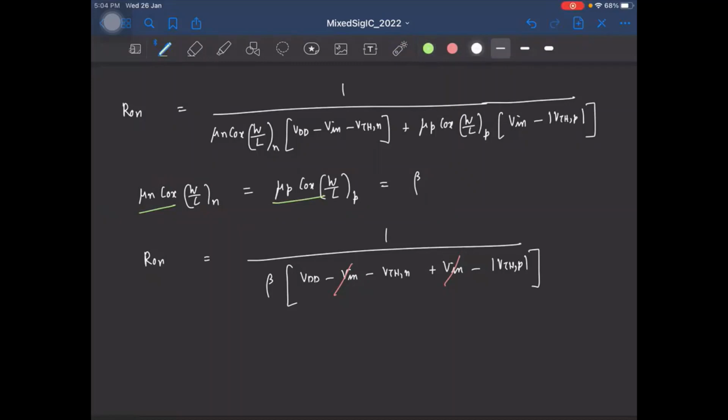If you design assuming they are of some value and choose your sizes W by L of the NMOS and PMOS such that this quantity is equal, after the device is fabricated you will find that mu N Cox and mu P Cox are totally different. So in practice you will not get this cancellation properly, and you will have some residual effect of Vin. But it will be smaller than when you had only the NMOS or PMOS, so it will definitely be better, but you will still have some dependence on Vin.